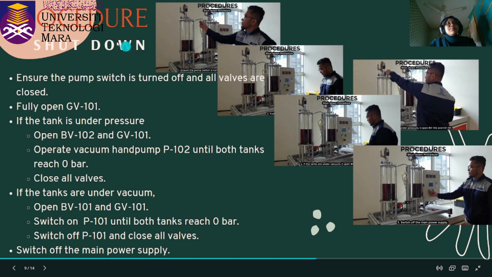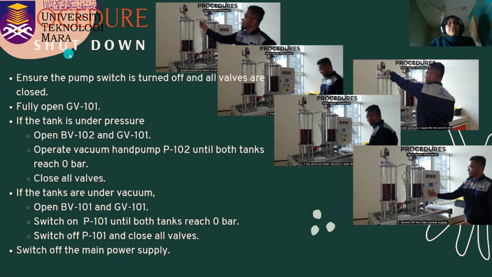This is the last part for the procedure, which is the shutdown process. So, first one, ensure the pump switch is turned off and all valves are closed. Next, fully open GV101. After that, if the tank is under pressure, open BV102 and GV101. Operate vacuum hand pump P102 until both tanks reach 0 bar.